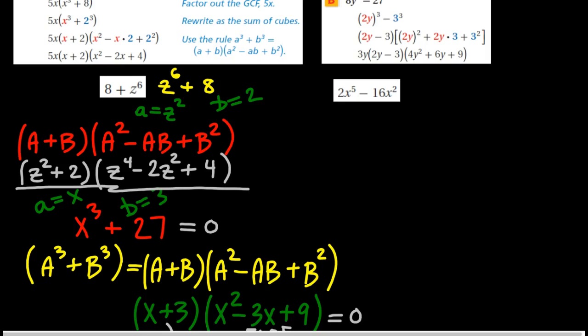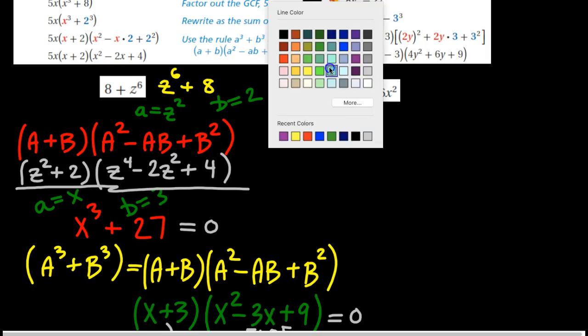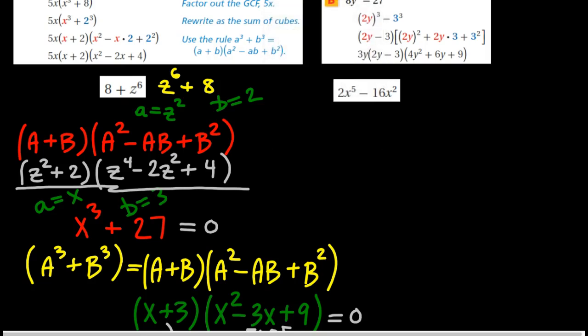And then the last one, don't forget, I have a tendency to do this quite a bit, is I forget to factor out a common term when I can. So you should always look right away if you're trying to factor something to see, is there a common term I can factor out? Because then it makes the rest of the factoring easier. So in this case, you can factor out a 2x squared, and then what ends up being left over is an x cubed minus 8, which is, oh, I see now, a difference of cubes popped in there. All right. So now I can use the difference of cubes to factor that part right there.